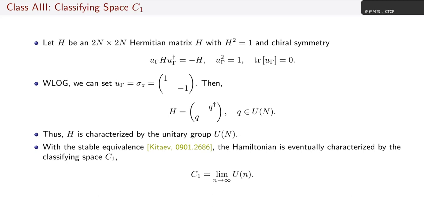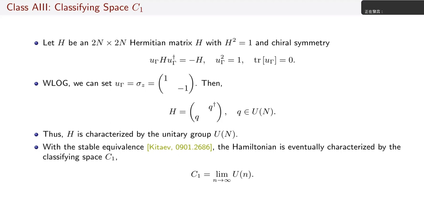Let's consider a 2n by 2n Hermitian matrix whose square is 1 and which also has chiral symmetry. I mean, the Hamiltonian anticommutes with some unitary matrix whose square is 1 and is traceless. Then, without loss of generality, we can say U gamma is sigma z.